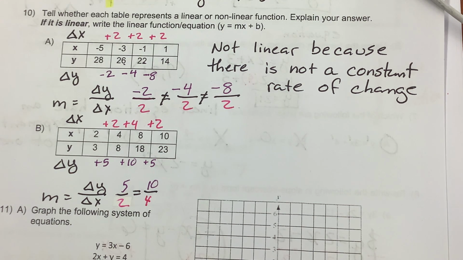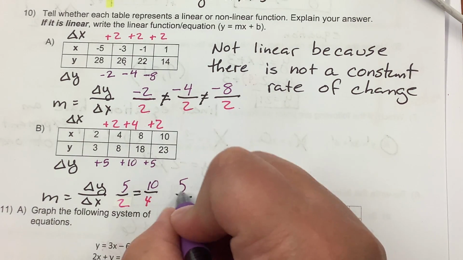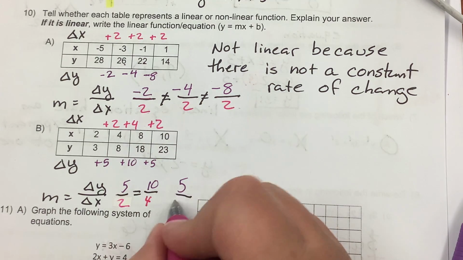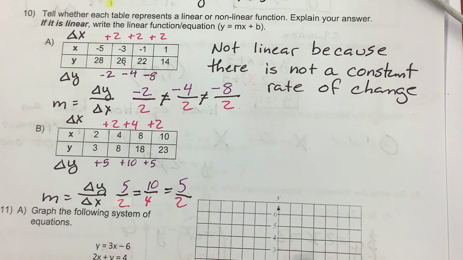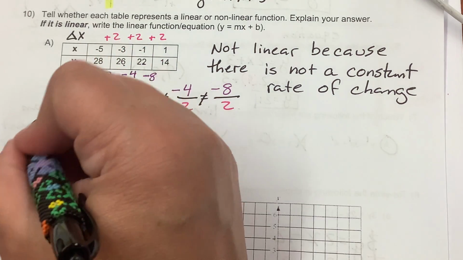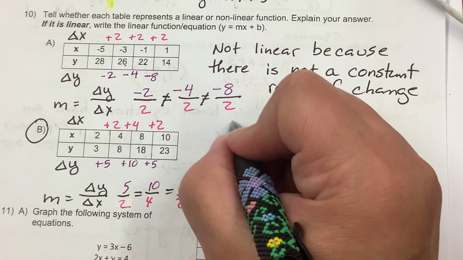The slope did not change. It's just a multiple of the original. So that's fine. And the last one is going to be 5 over 2 again. And we already know that that is equal. So this does have a constant change. So ding, ding, ding. This is a linear function.